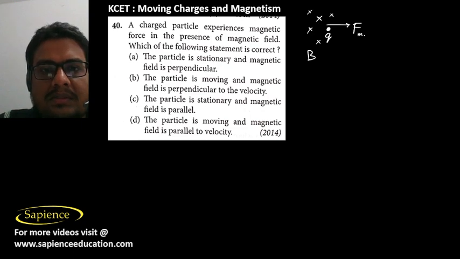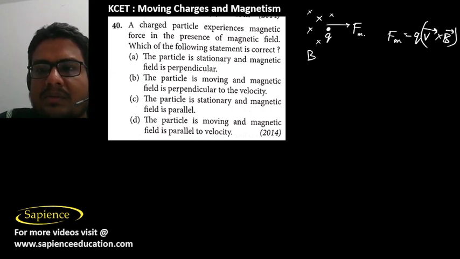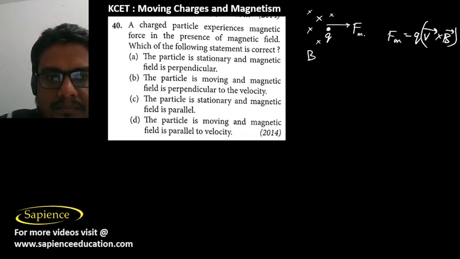The particle is stationary. The magnetic force is given as q v cross B. So it means that it should have a velocity which is at some angle to the magnetic field. Then only it will be able to experience some magnetic force. The particle is moving and magnetic field is perpendicular to the velocity.